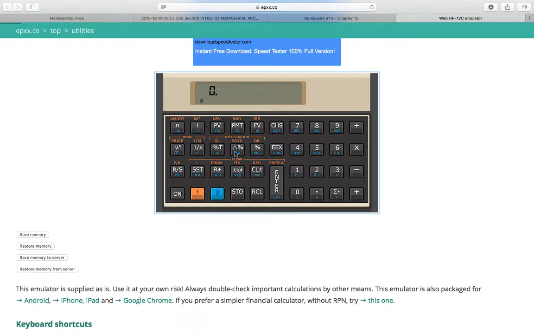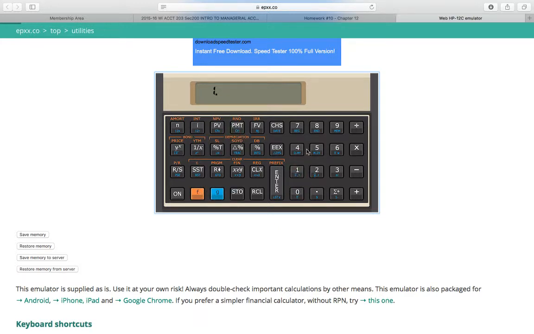So 0, so that's year 1, year 2, year 3, year 4, year 5, year 6, year 7, year 8, year 9, and then year 10 I have 150,000. So year 10, that's my 150,000 coming in.